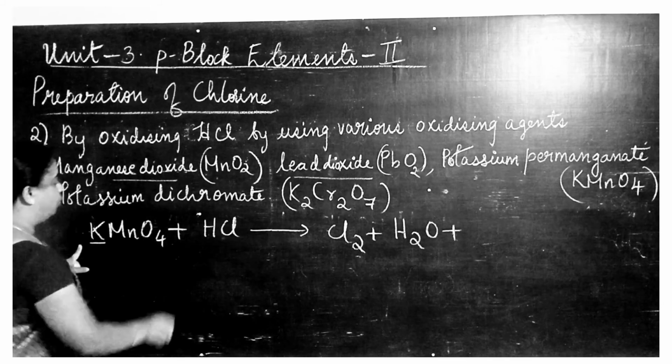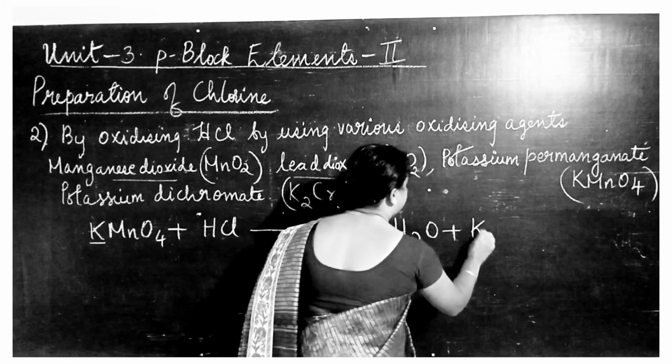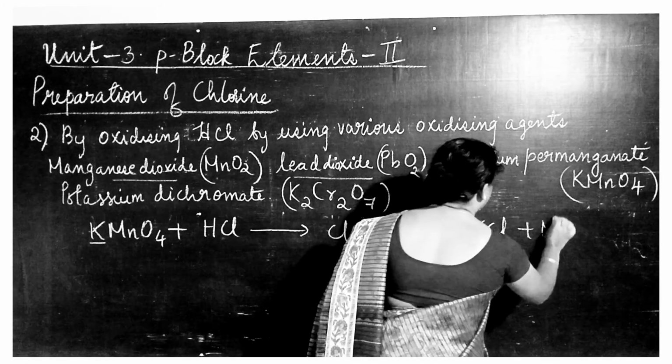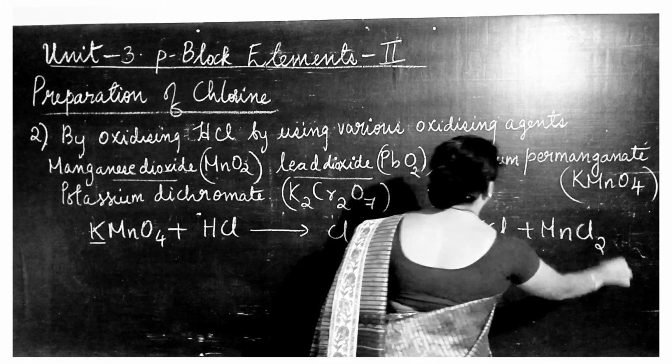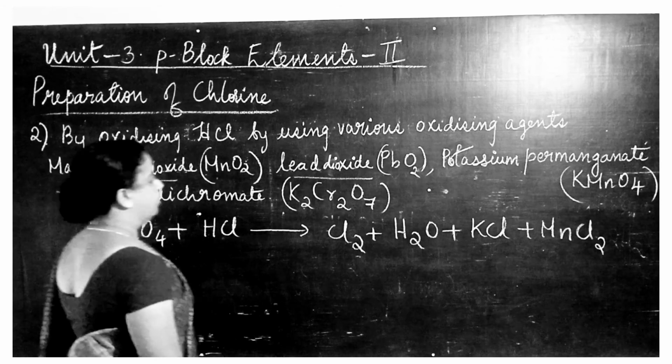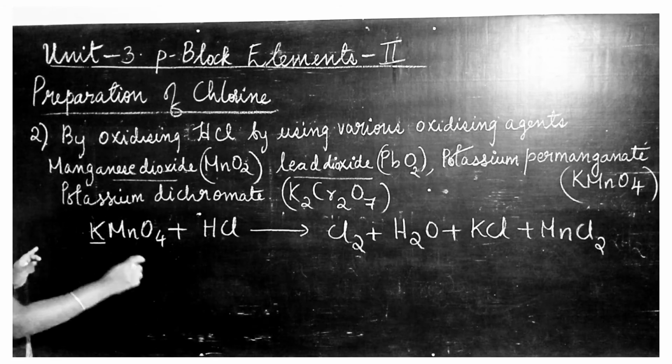So both will react with chlorine and form KCl plus MnCl2. So manganese dichloride MnCl2.